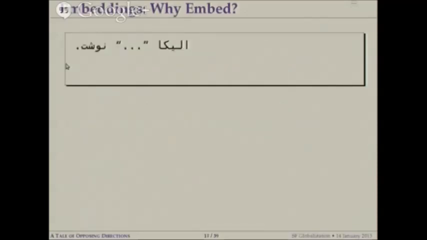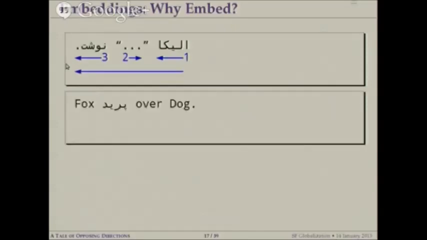But sometimes you have this kind of nesting structure. For example, here's a sentence that's got a quote in the middle, and the quote is left to right. Okay, fine. But let's say that quote itself had some right to left text inside it. So the quote was going to be this sentence, which goes in the other direction.